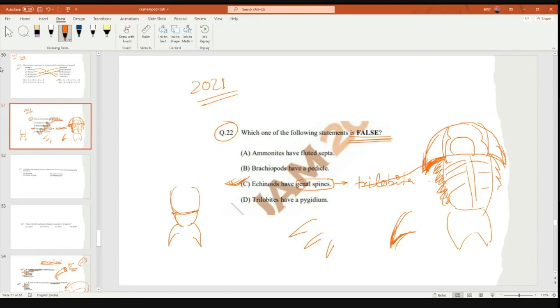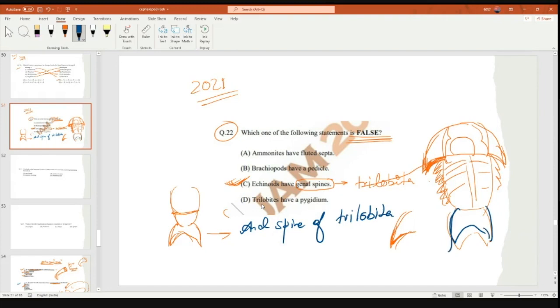What do we call this, guys? You have to remember this: the anal spine of the trilobita, which is found just below the pygidium, right? It is kind of spine-like.